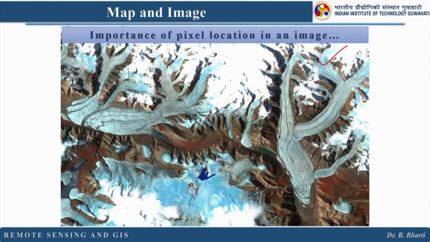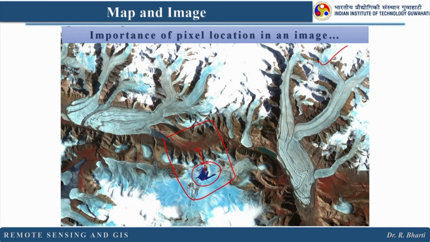Suppose the location of this water body is here, that is its true location. But if there is a slight change in the orientation of this photograph or this sensor image, what will happen? This may get shifted somewhere else, right, or this part may get skewed, compressed or stretched.